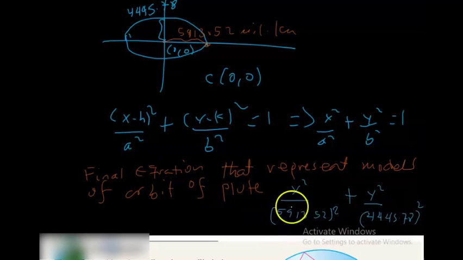So this is the equation of the orbit of Pluto. Let's see the second equation.